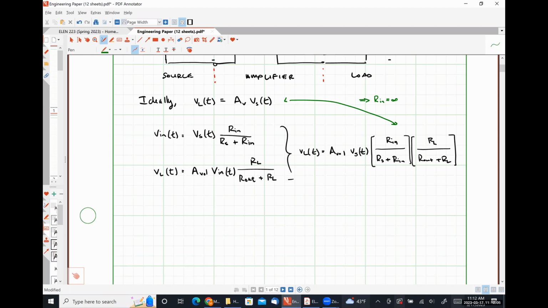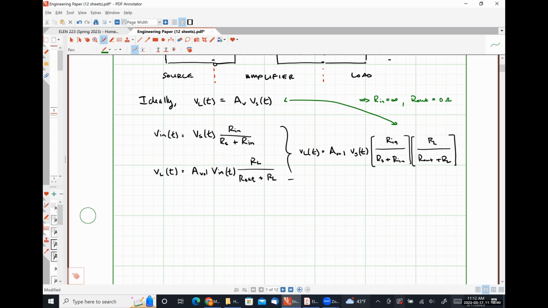What value of R out makes that happen? What's the smallest number? 0. Absolutely right. We want R out to effectively be a short circuit, which is why we've been seeing that the output resistance of our op amps is typically very small, on the order of single-digit ohms.